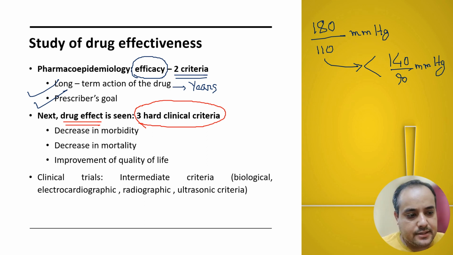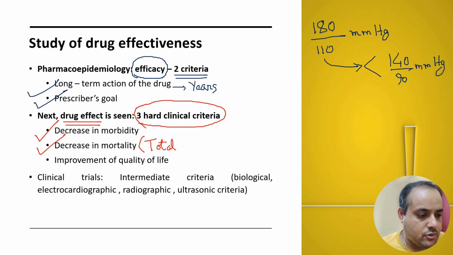These clinical criteria are: the drug must decrease the morbidity of the patient, it must decrease the mortality of the patient, and in case of mortality we are talking about the total mortality and not only the mortality due to cardiovascular events. And third, it must improve the quality of life of the patient. And this quality of life will be judged as per other valid scales.